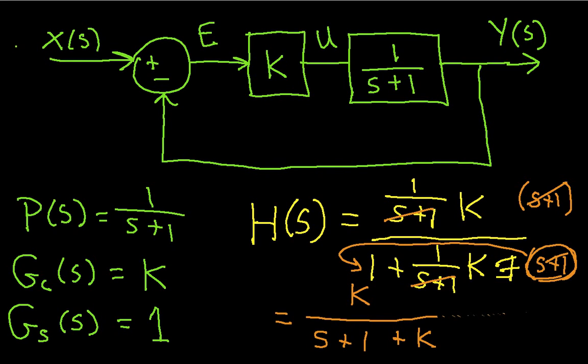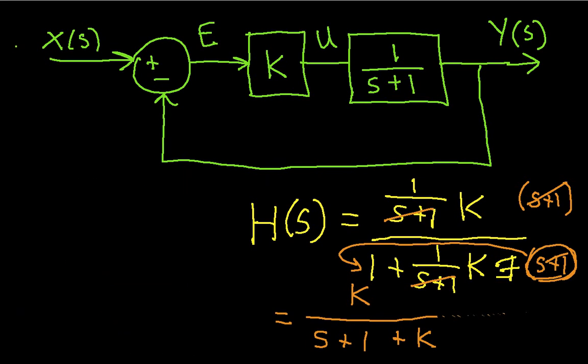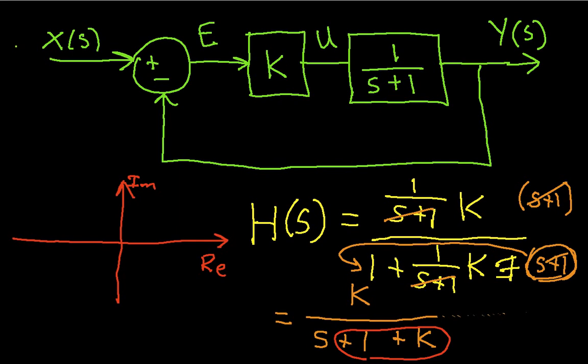You can see if we now draw a pole zero plot of this transfer function, if this is the imaginary axis and this is the real axis, this transfer function has a single pole given by this 1 plus k here.